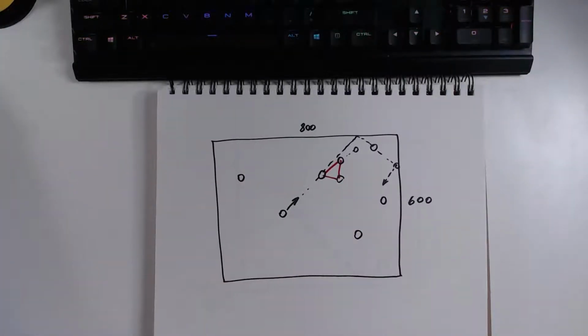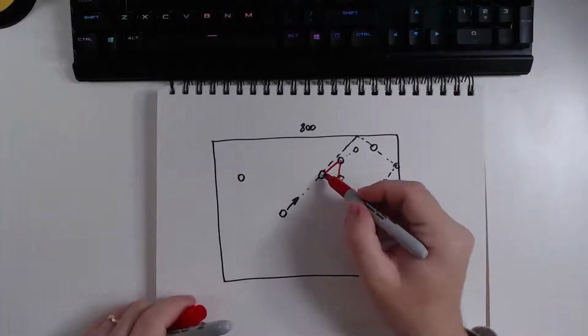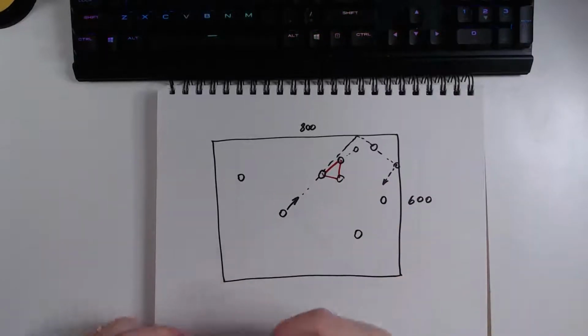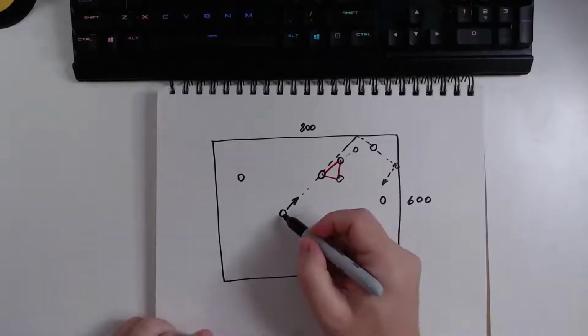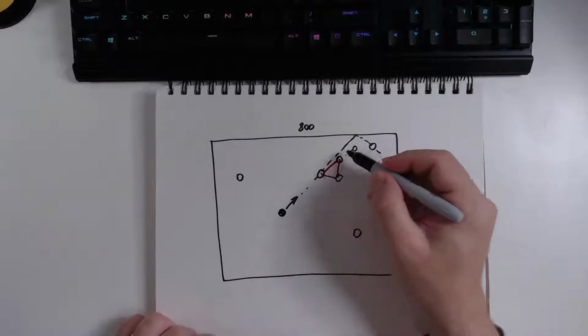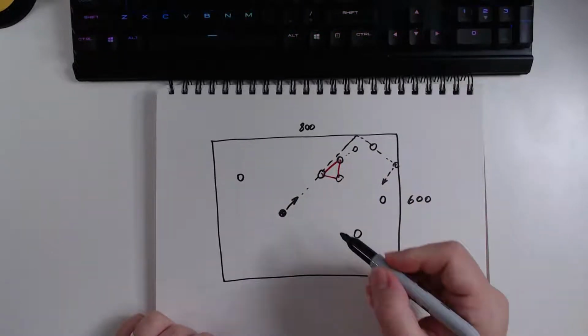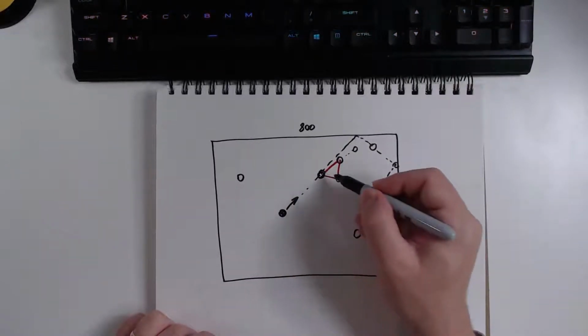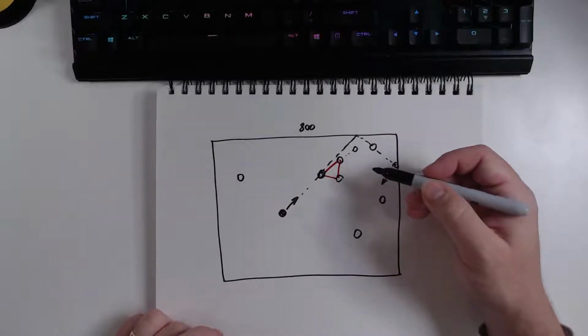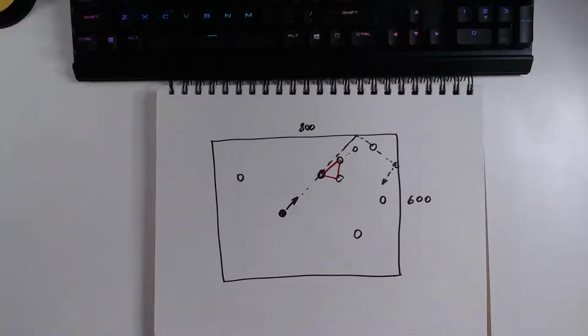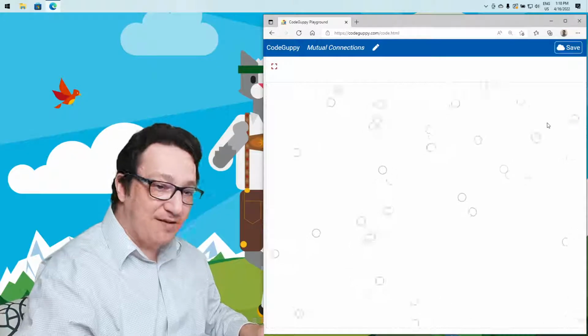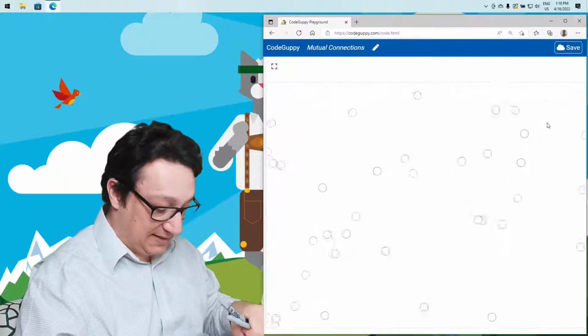We need to check, for each particle, not only for this one, if it's close to any other particle. Then we go for the other particle and check if it's close to any other particle, right? So in essence, for each particle, we have to check if it's close to other particles.